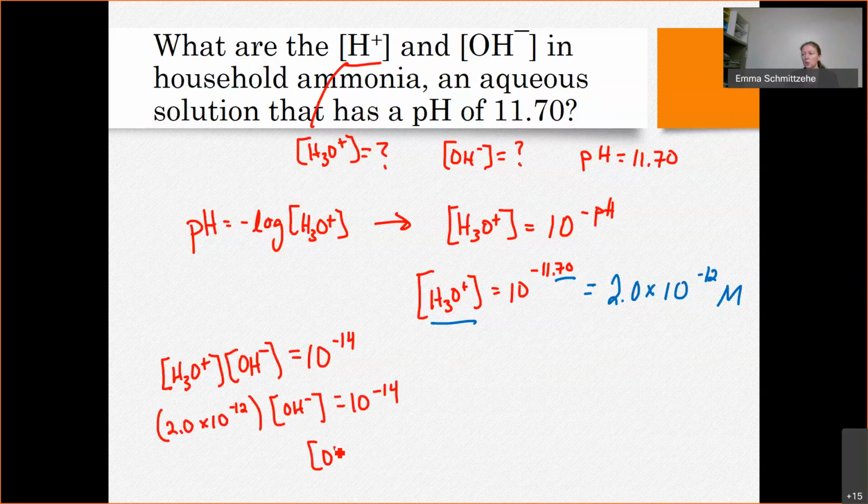So that means OH minus must be equal to 10 to the negative 14th divided by the 2.0 times 10 to the negative 12.